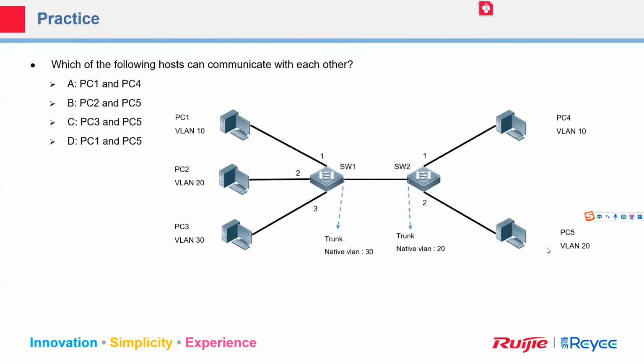No answer, right? A and B. You also have to consider when PC5 sends the packets out, which site can receive. If you choose all, I think you maybe can get the correct answer, right?